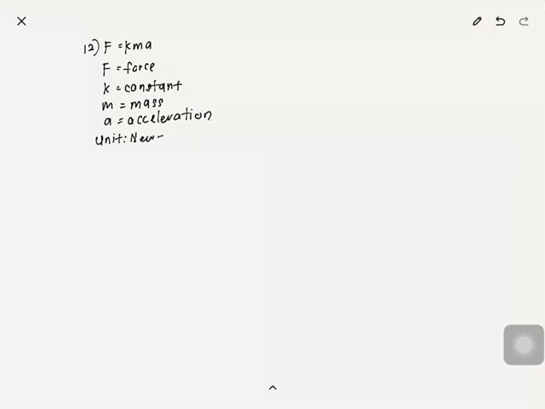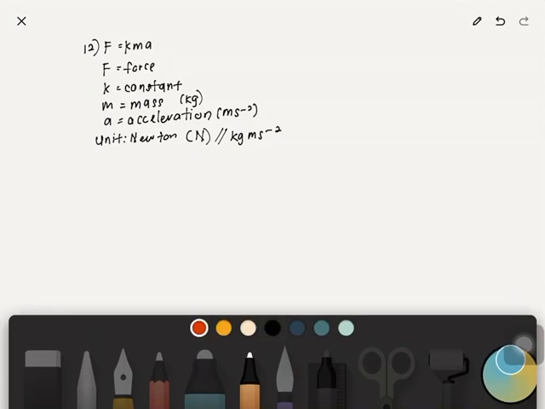The unit of force, very important, is Newton, or we simply write the capital letter N. The alternative unit is, because the unit for mass is kg and the unit for acceleration is m s^-2, the unit for force is also kg m s^-2.